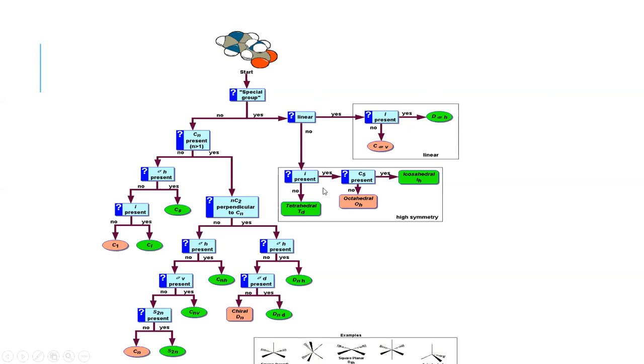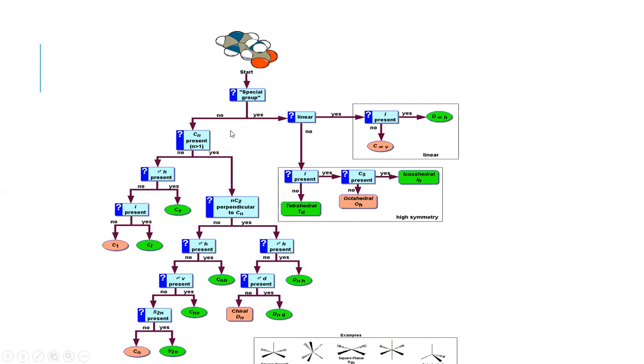If your molecule has four C3 axes and no center of inversion, then it is tetrahedral. If your molecule has a center of inversion and does not have a C5 axis, then it is octahedral. If your molecule has a center of inversion and a C5 axis, then it is Ih, that is icosahedral. So this goes with the special groups.